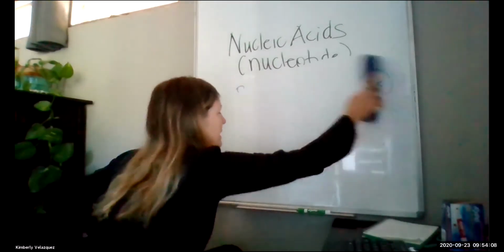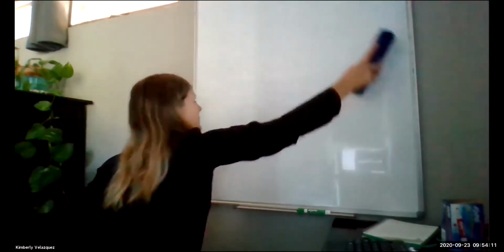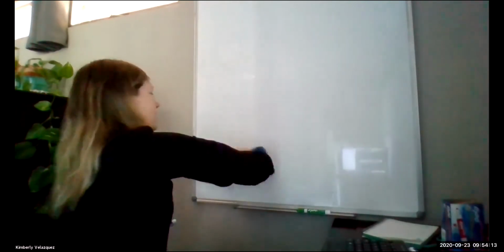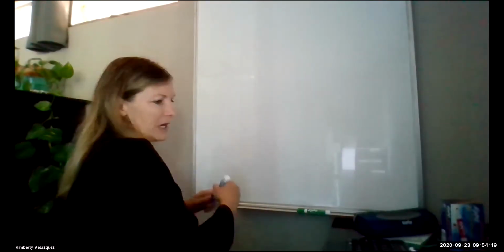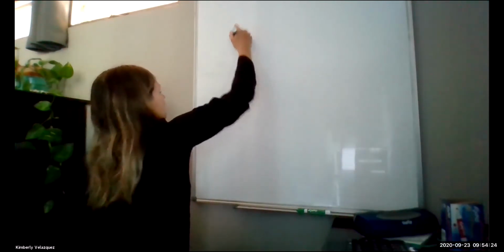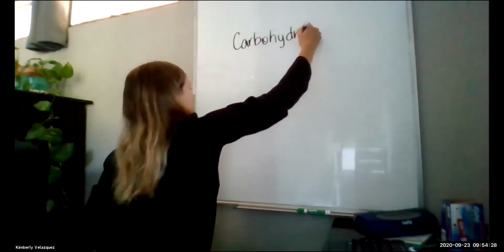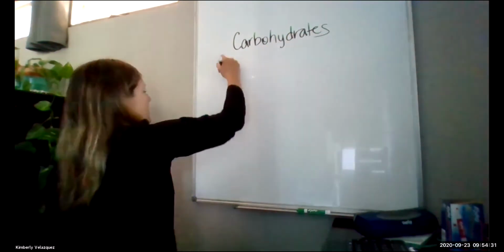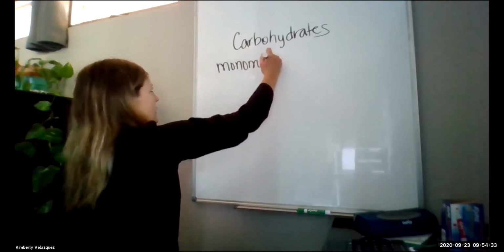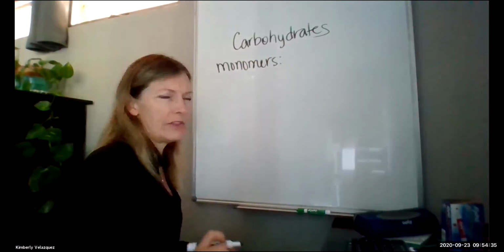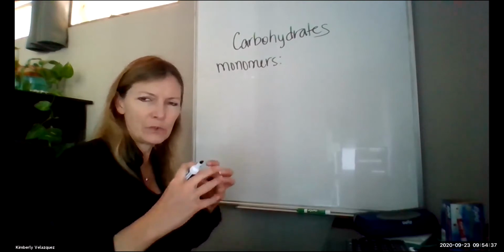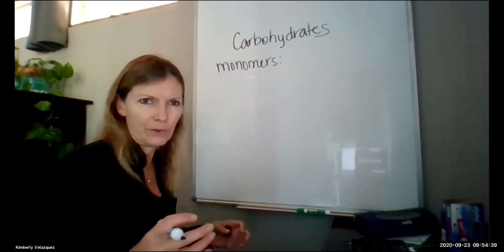Okay, I want to talk a little bit about carbohydrates. A lot of this is reviewed from the video, but I just think it's so important. I want to make sure everyone's on the same page. So when we're talking about carbohydrates, the monomers, which again are molecules all on their own, but those are the individual subunits that are going to link together to form the polymer.